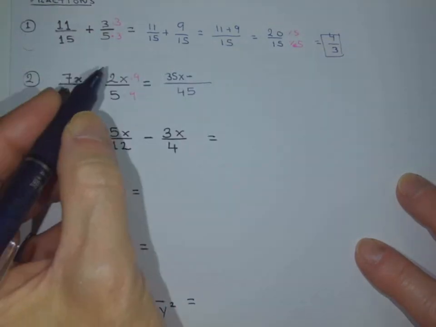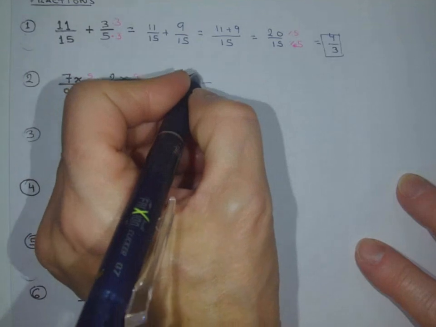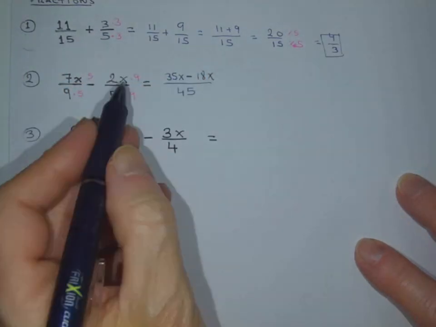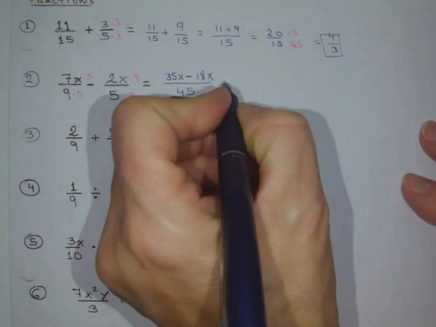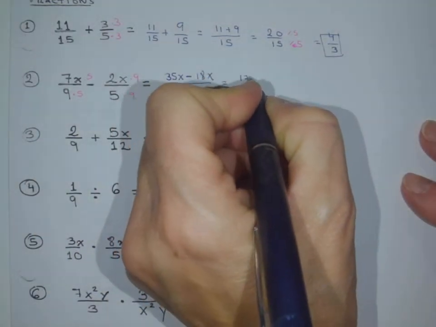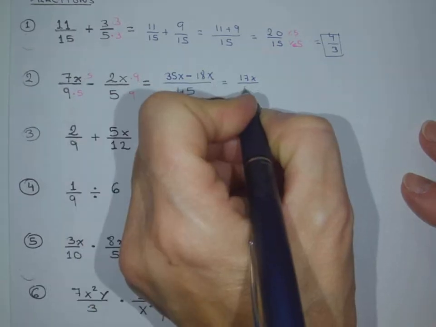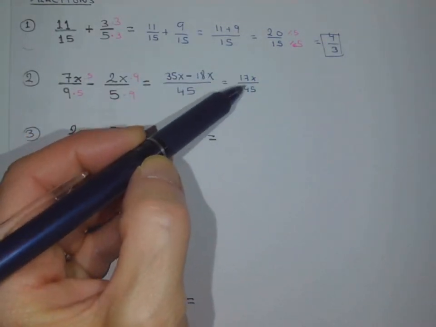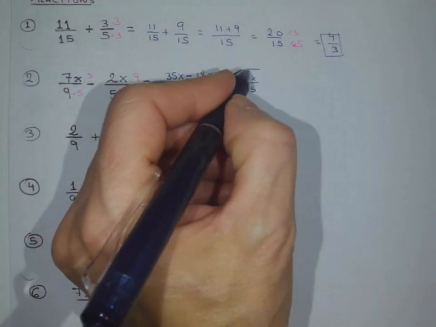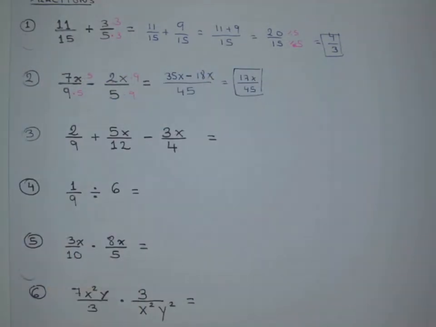Minus, and then 9 times 2 is 18, and don't forget your x there as well, right? And then 35x minus 18x will be equal to 17x over my common denominator of 45. 17 being a prime number, this doesn't simplify any further, therefore this will be my answer.